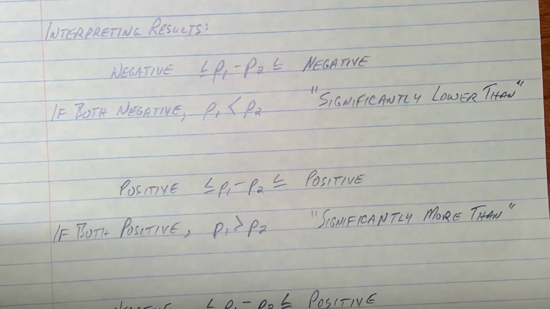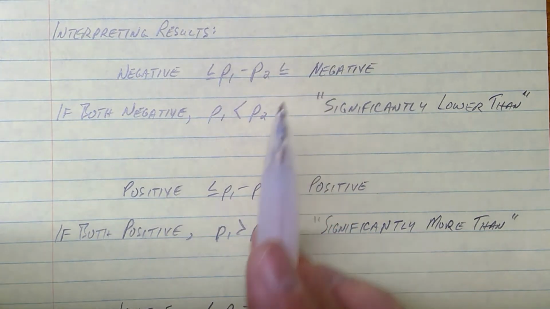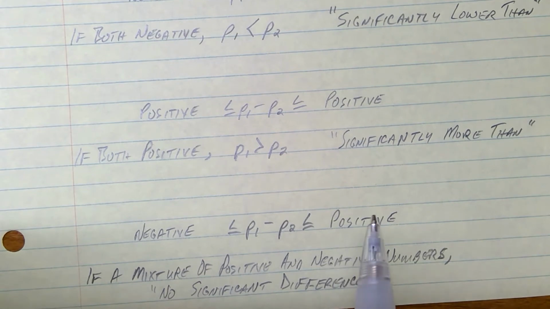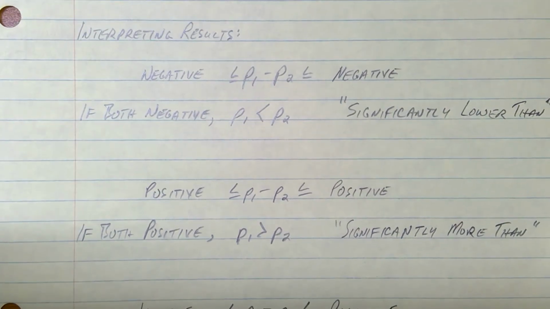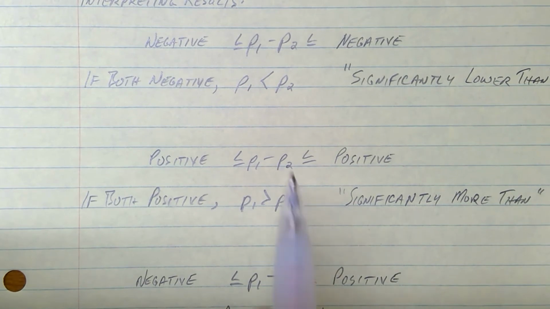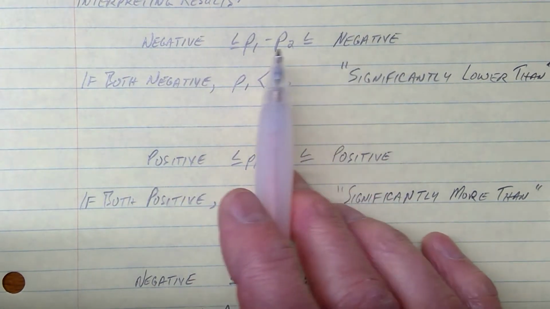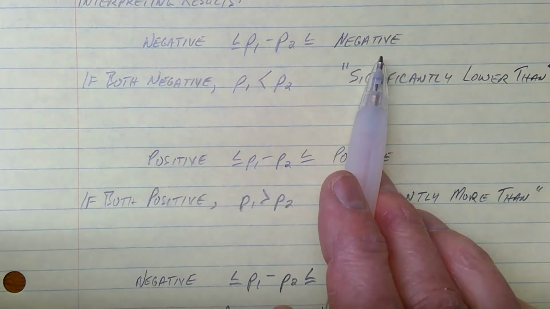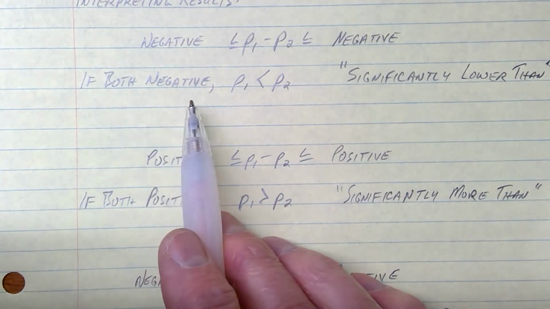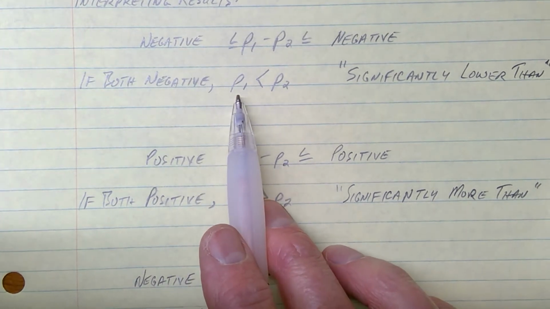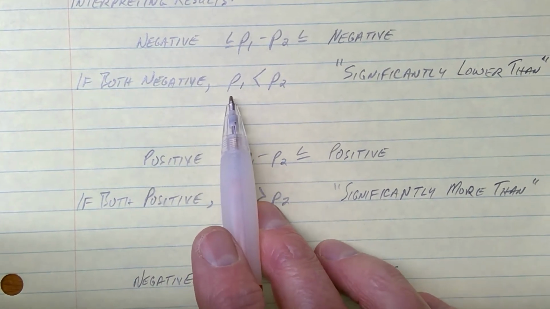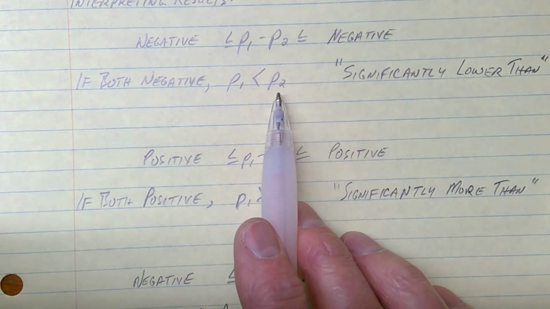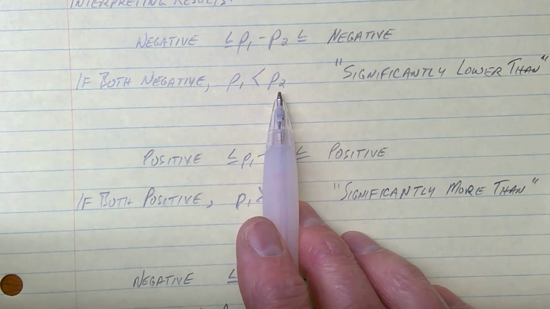When we end up with results, they're either both going to be negative, or both going to be positive, or there might be a mixture of positive and negative numbers. And those mean three different conclusions. So if your results are both negative, the difference between these two proportions is between two negative numbers, then we can say the group 1 proportion, the fraction of people in group 1 who did this thing, is definitely lower than the proportion in group 2.